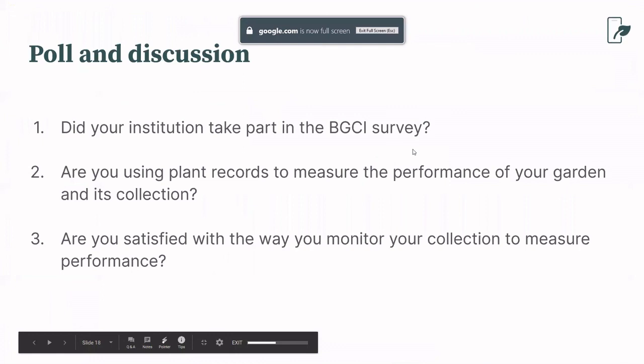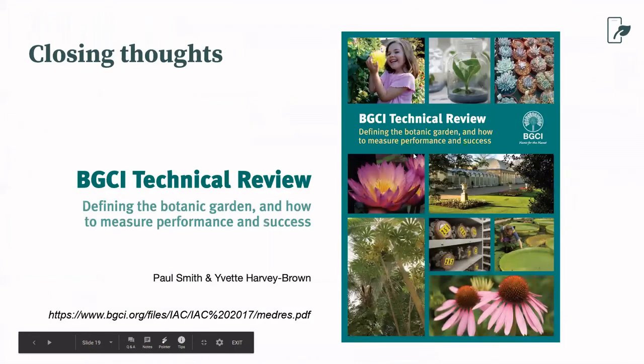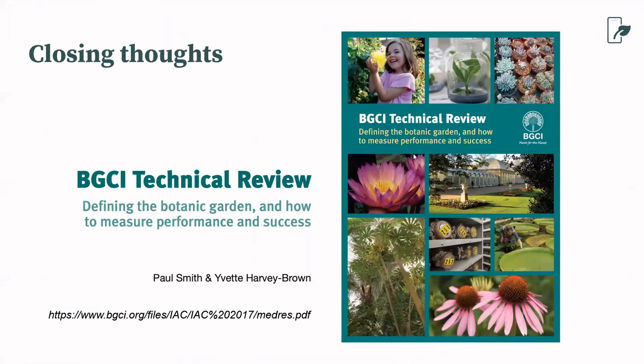It's just some closing thoughts really. I know this survey went out 4 or 5 years ago now, and it was interesting to hear that some of you did participate, but others weren't sure. What's interesting is that the results are published, and I do recommend you take a look at them. It goes into more detail, especially on the definition of a botanic garden and ways in which you can measure success.